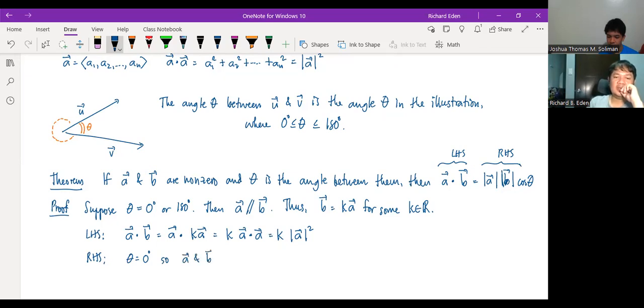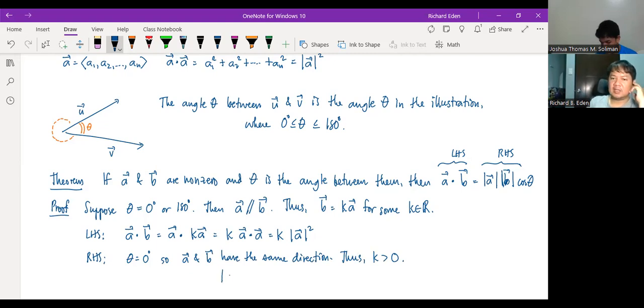But if they have the same direction, then the scalar multiple that was multiplied to A must be positive. k is positive. So now let's see, what would the right-hand side produce?